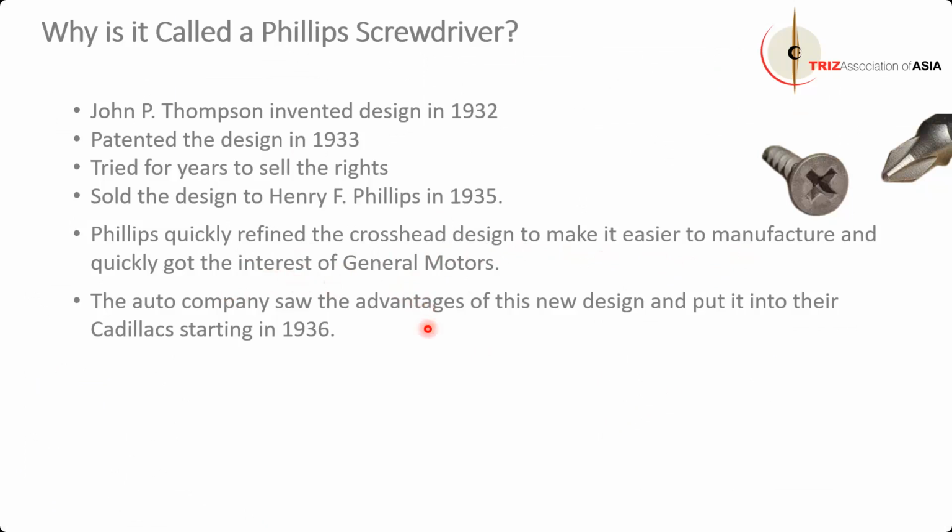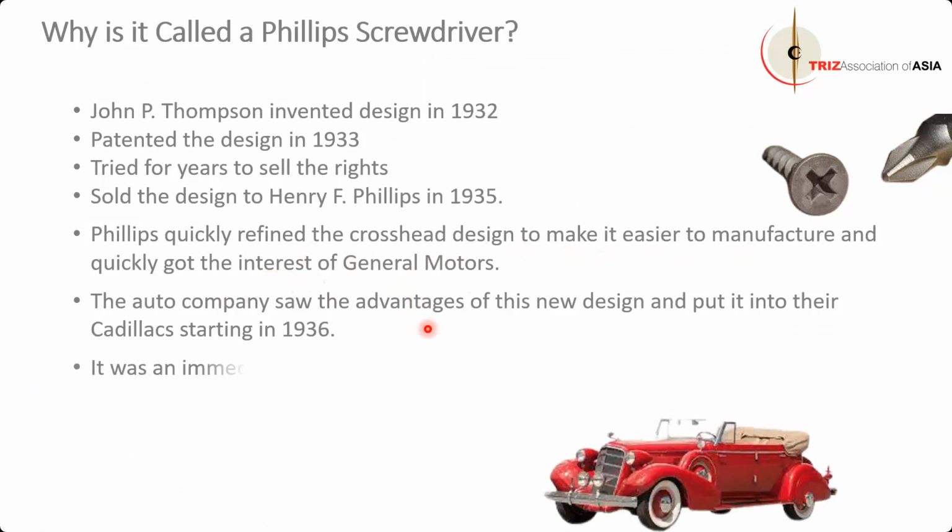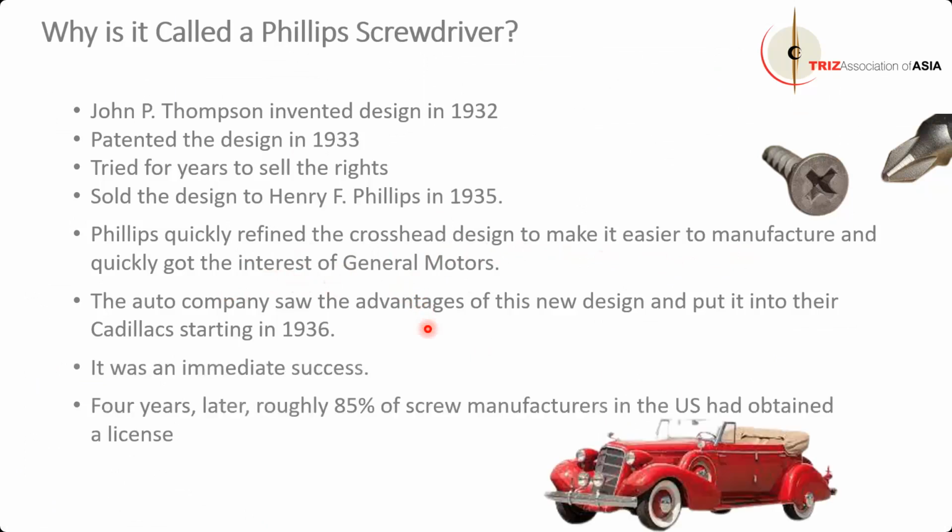The auto company saw the advantages of this new design and put it into their Cadillacs starting in 1936. It was obviously a good success, and 4 years later, roughly 85% of the screw manufacturers in the US had obtained a license. What was the intention of Thomson? He just wanted to sell it.